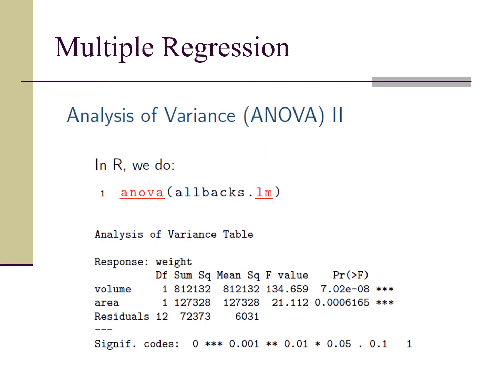We can then do an ANOVA on this, and again, we see highly statistically significant results. So this looks like it's a good relationship for determining the volume, the weighted books, based on things we already know.